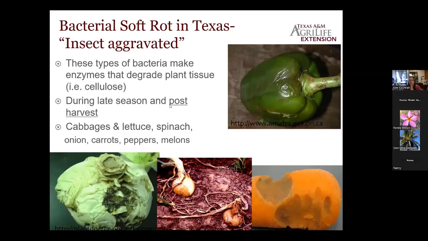And the real struggle with this is that if you have one or two that are contaminated when it goes into storage or processing, you'll come out with a lot more than one or two that have been contaminated, particularly in the case of things that are stored for a long time, bunched together like carrots, onions, even cabbages.